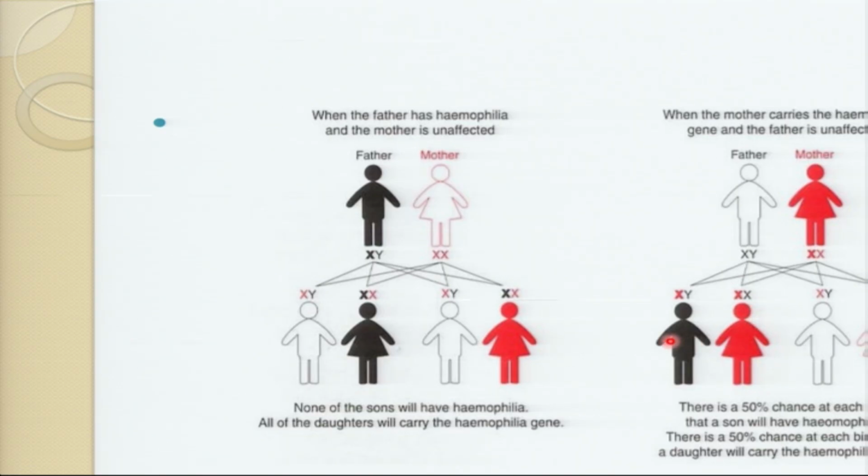The other boy is not affected, but the other girl is affected. So it means that there is a 50% chance of each having haemophilia. When the mother is affected, 50% of the boys can be affected and also 50% of the girls can be affected.